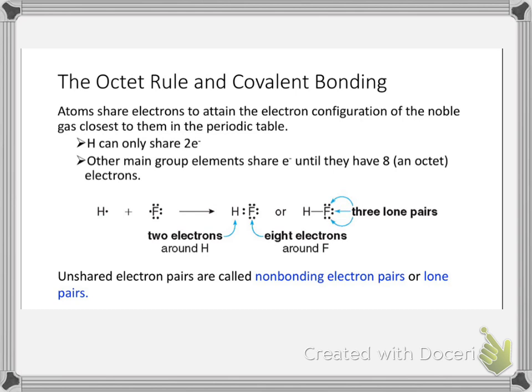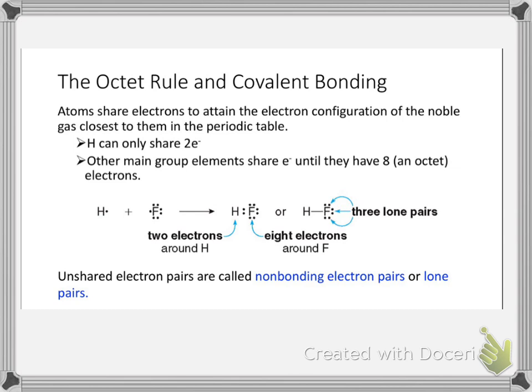All right, so the octet rule was important in ionic bonding, and it is also in covalent bonding. So the octet rule in general says that atoms will gain, lose, or share their valence electrons to have the same electron configuration as the noble gas closest to them on the periodic table.